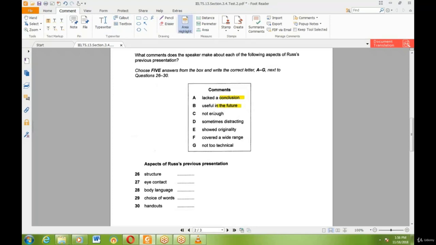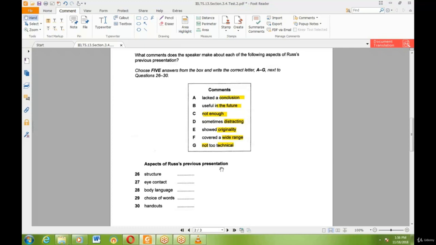What is the synonym language you have to listen for? This one is actually total, not enough. That's the total one. Distracting, originality, wide range, not technical, really technical.